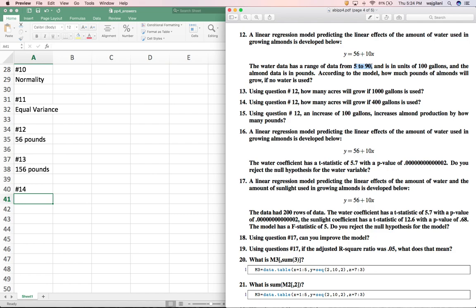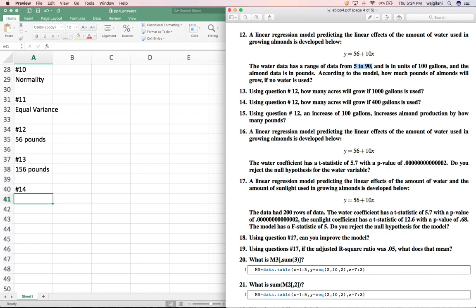Therefore, we talked about this last week, I cannot use it to predict how many pounds of almonds will be grown if I use 400 gallons of water. It's beyond the scope of the model.